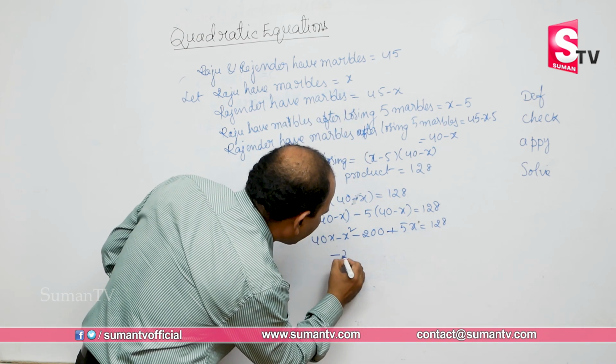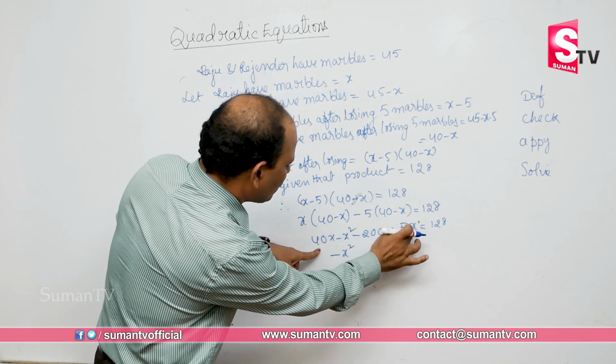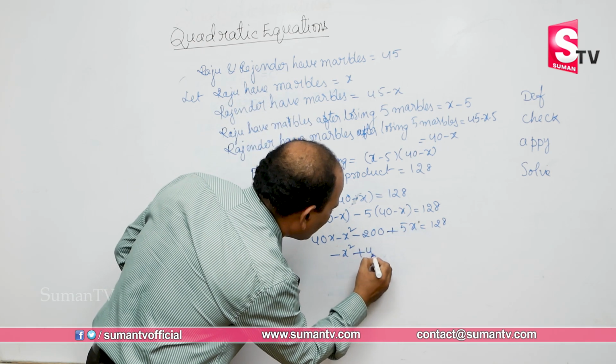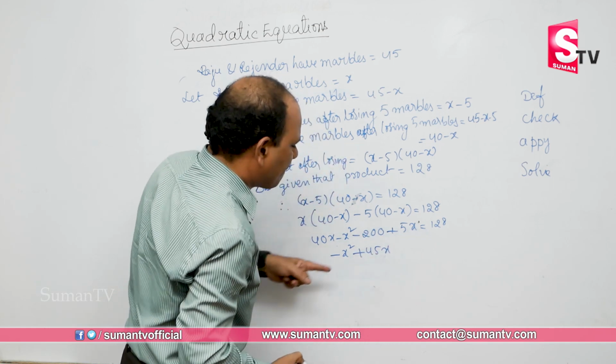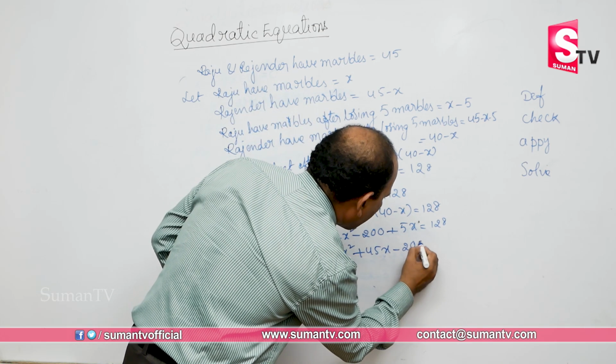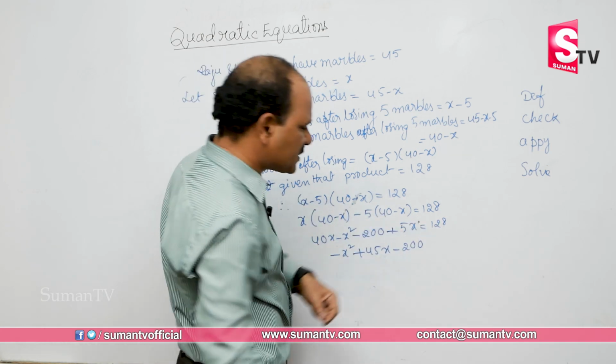Now minus x square, 40x plus 5x that is 45x, minus 200. Bring the 128 to the left side.